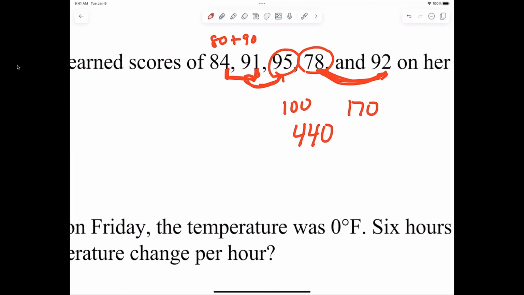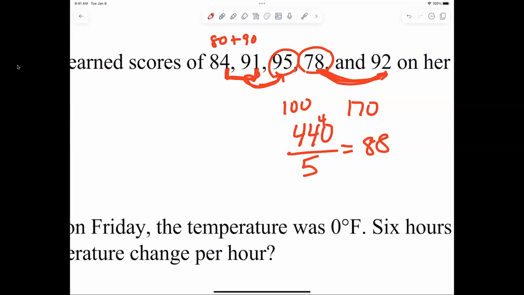All right, that's 440. Now, if I want to find the average, I have to divide by what? Who was doing this? What am I doing next? Divide by 5. And I had a 44 8 times. 8 times, how many left over? 4. 40 divided by 5 equals 8.